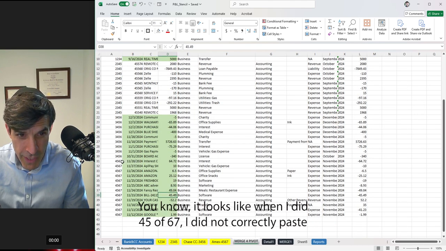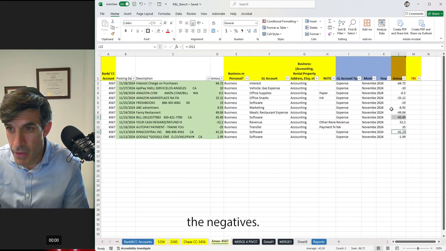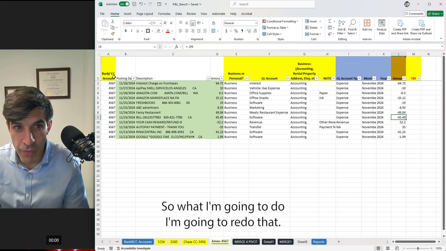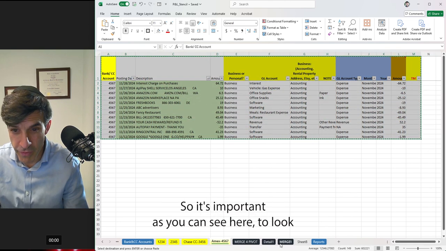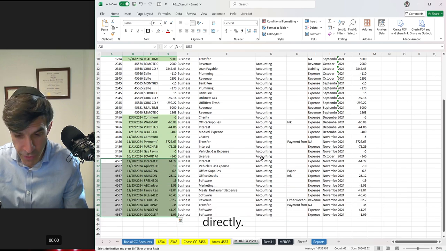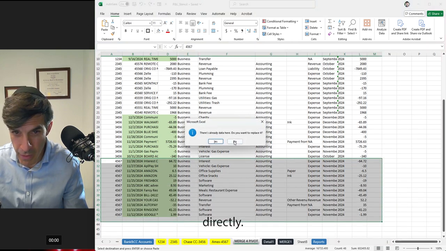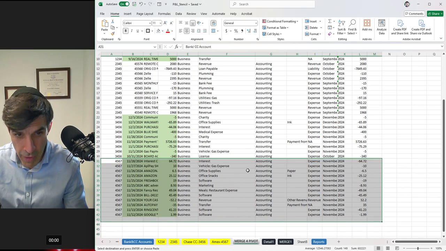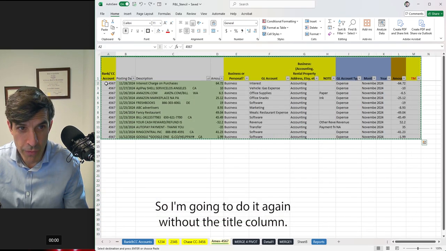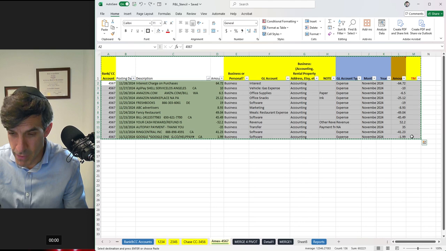It looks like when I did 4567, I did not correctly paste the negatives. So I'm going to redo that. It's important, as you can see here, to look directly. Let's see, what am I pasting over? So I'm going to do it again without the title column.